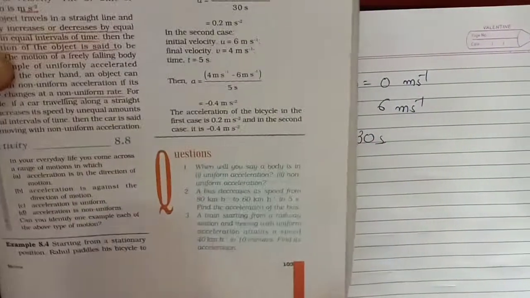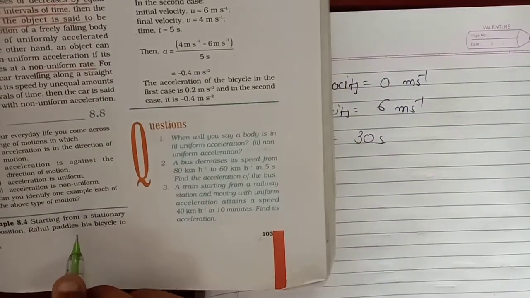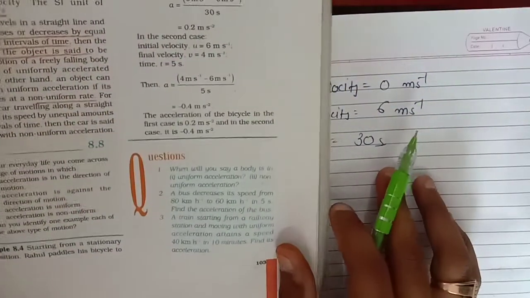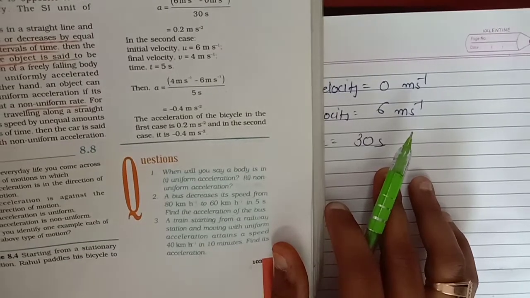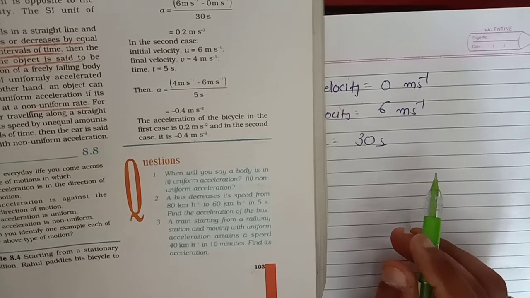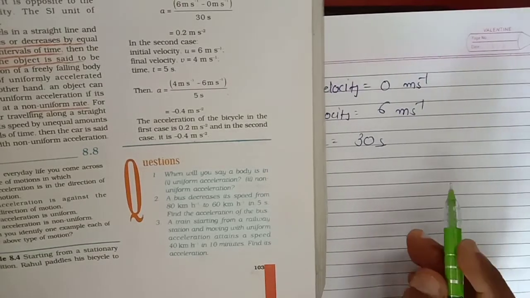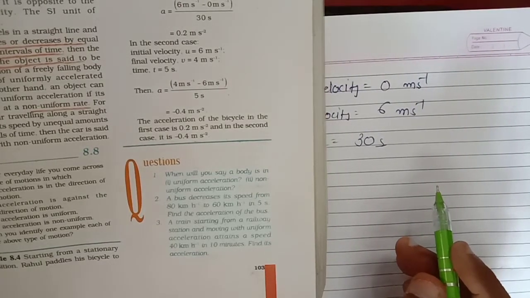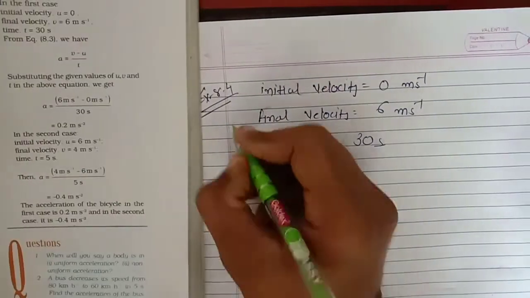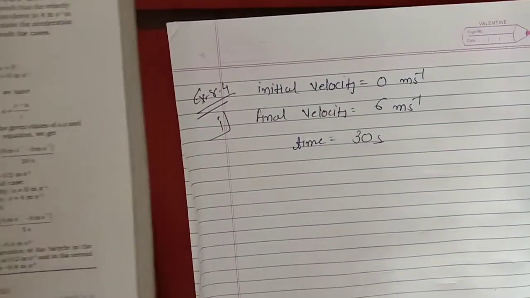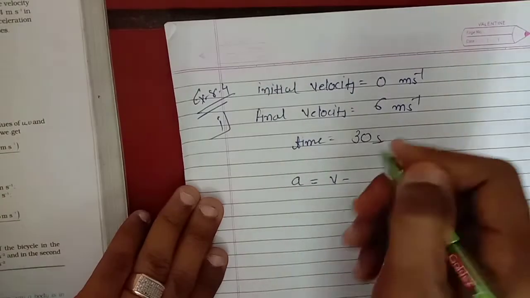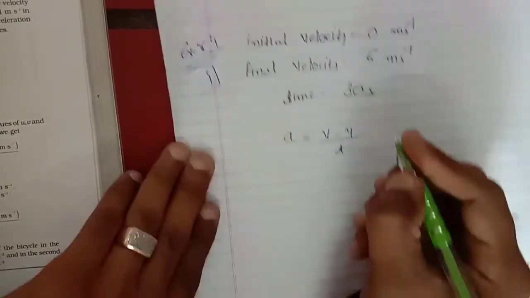Starting from the stationary position, Rahul pedals his bicycle to attain a velocity of 6 meter per second in 30 seconds. Then he applies a brake such that the velocity of the bicycle comes down to 4 meter per second in the next 5 seconds. Calculate the acceleration of the bicycle in both cases. This is the first case. So first we calculate acceleration. a is equal to v minus u upon t.